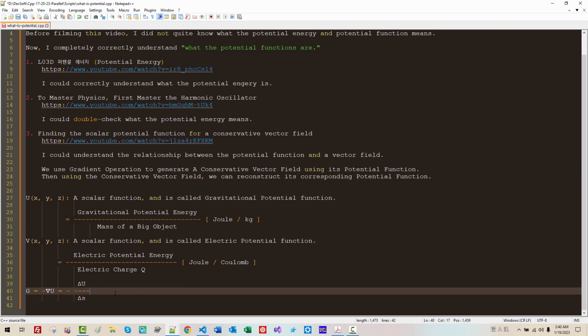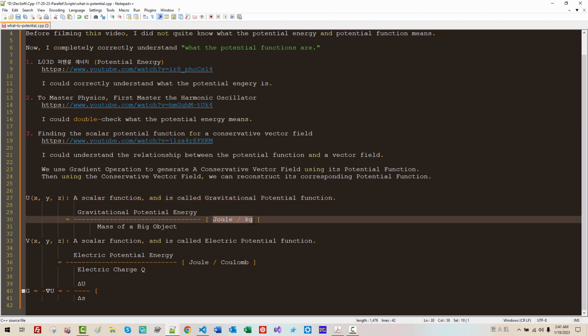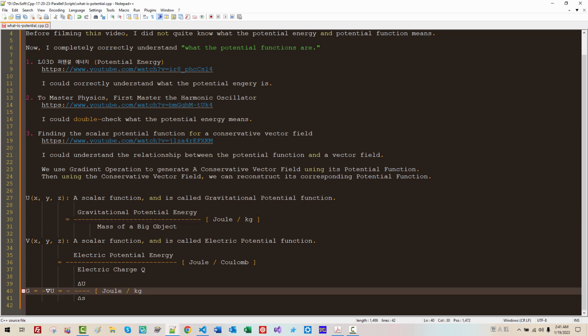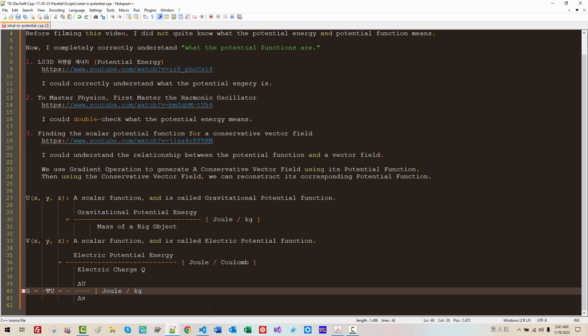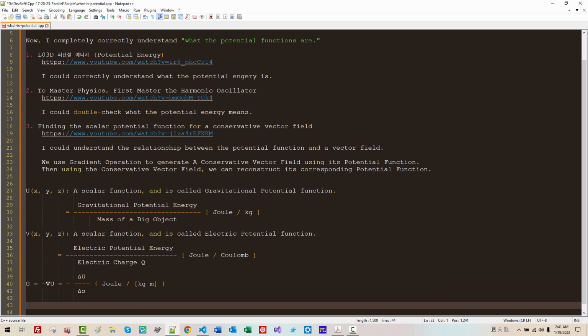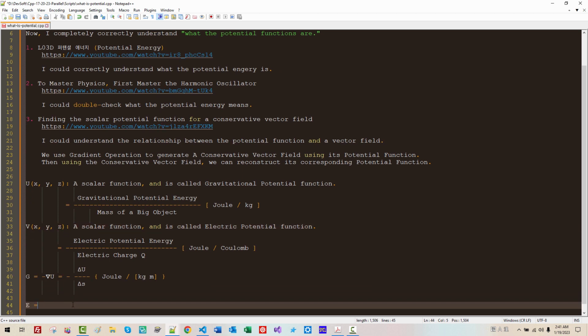So its unit can be u, the potential function, Joule over kilogram, divided by distance. Delta S is distance, so it should be meter. The unit is Joule per kilogram meter.